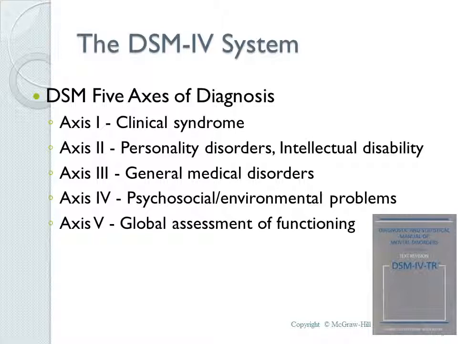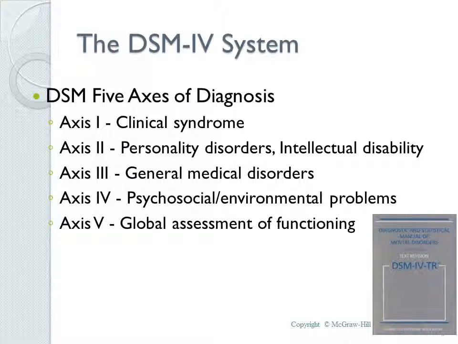Just because an individual is depressed right now does not mean that that individual will be depressed for the rest of her life. On axis 3, we want to know, are there any medical conditions that could be related to your presenting problem? For example, have you just been diagnosed with terminal cancer? That might explain why you're feeling anxious or why you're feeling depressed. We would note that on axis 3.